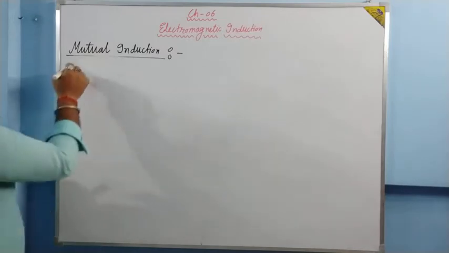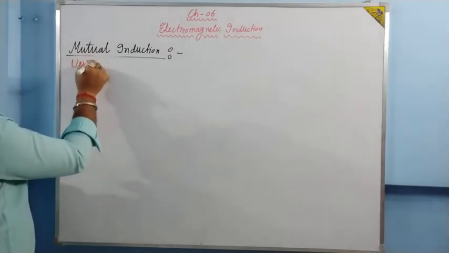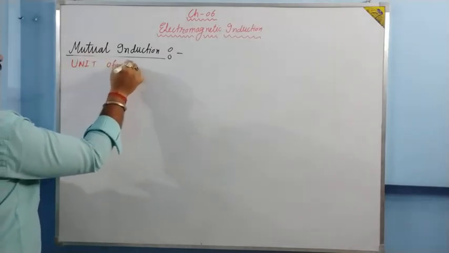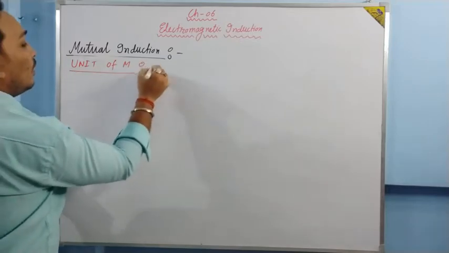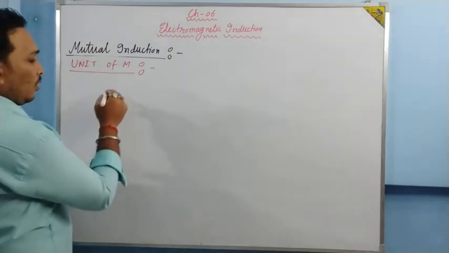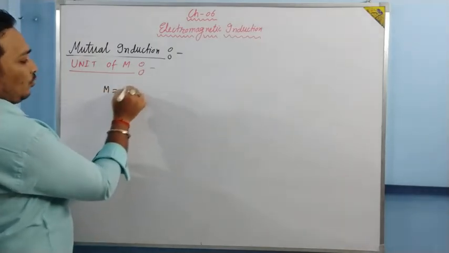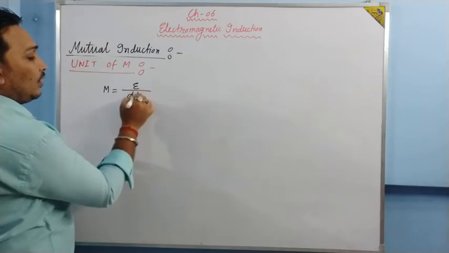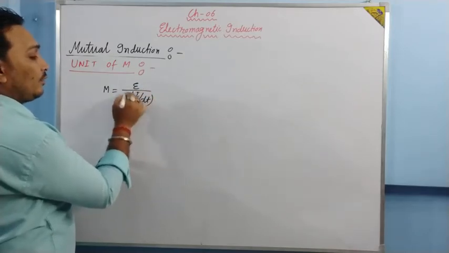Okay. Now we are talking about the unit of M. Just see. M comes out to be E upon di by dt.